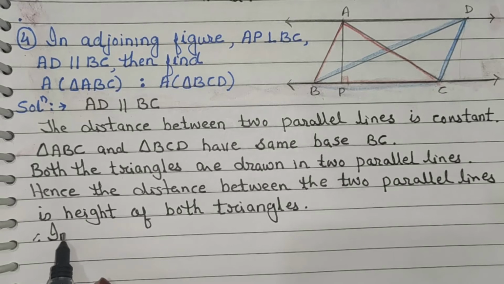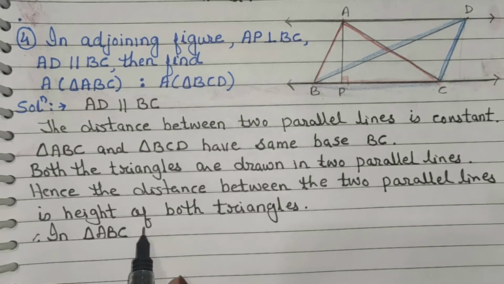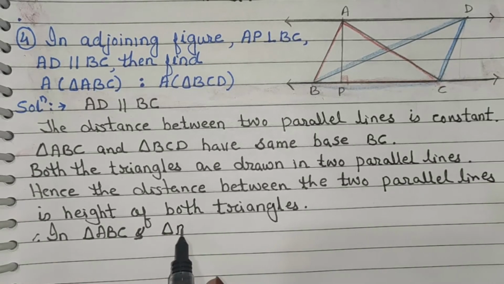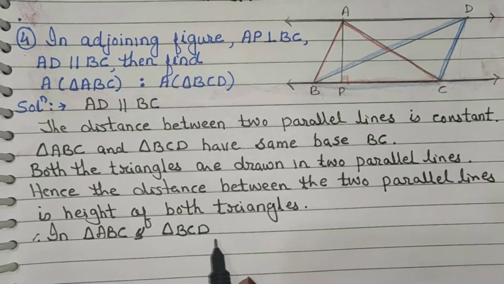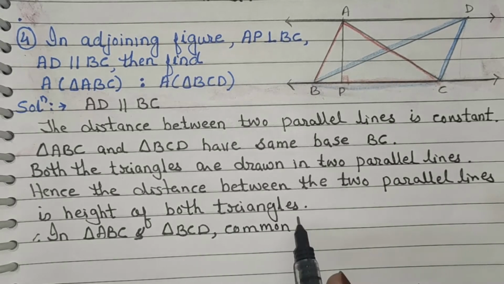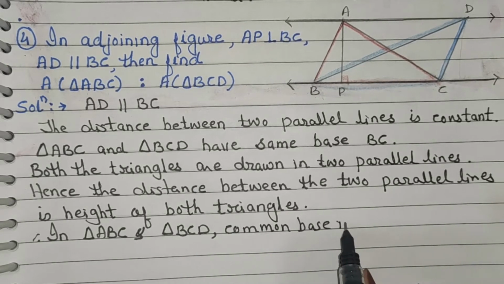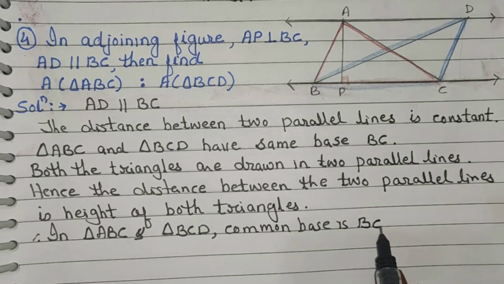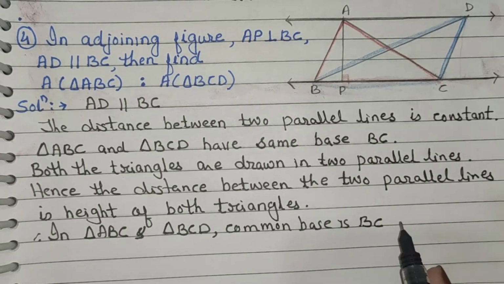Therefore, in triangle ABC and triangle BCD, the common base is BC, and the heights are also equal.